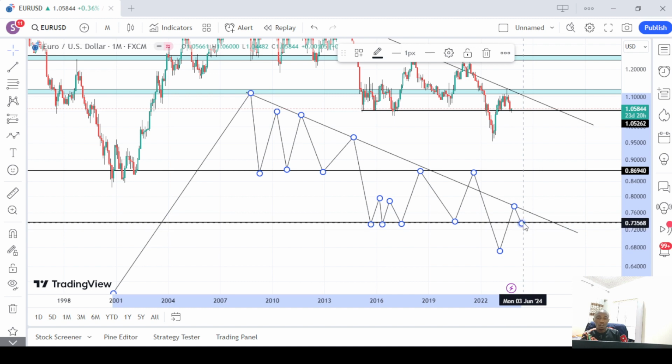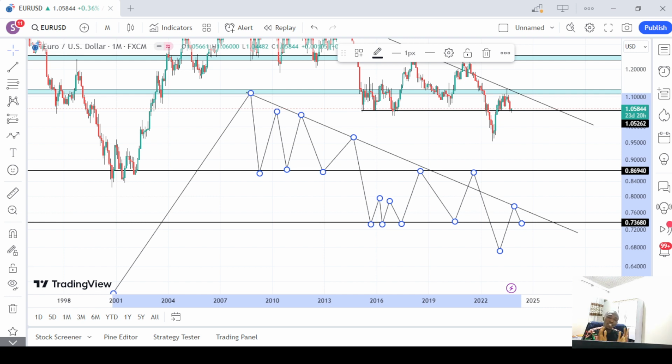Price can go back to the trend line before going down, or even break up the trend line to give a change in trend. So this is the typical trend for a sell or bearish market. This is on the monthly.